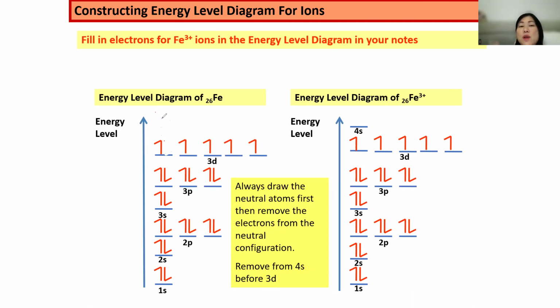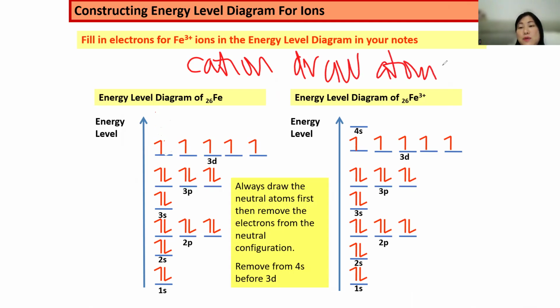Okay, so I repeat for cations. For cations, you still draw the atom first, then take an eraser and erase the electrons. Do not be smart and do subtraction, take 26 minus 3 and say, madam, 23, I will fill 23 starting from 1s2. You will be wrong, because you will end up having a 4s behind.